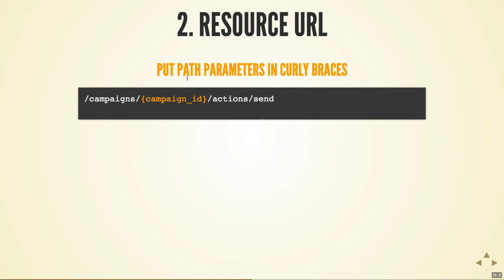Oh, here's an example of a path parameter inside this resource URL. So whenever you have a parameter that's actually part of the path, in this example, this is from MailChimp, when you're sending a campaign, you have to put a campaign ID in there. When you have a situation like this, this path parameter is always required.